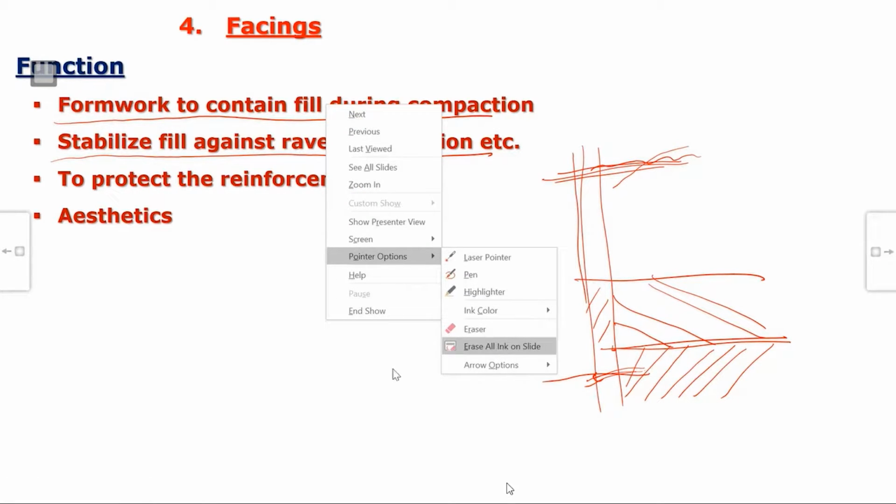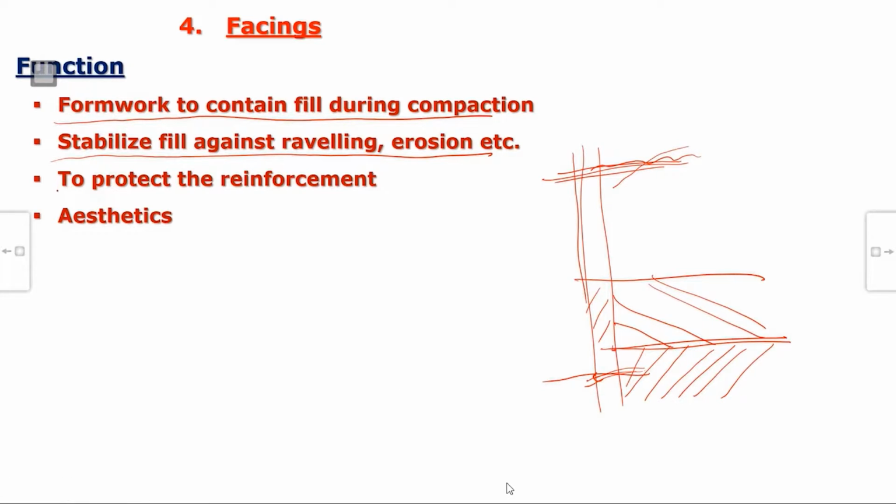Another important function is that it protects the reinforcement. Whether you have metallic reinforcement here, if you leave it open, if you don't put this, because of sun, rain and all atmospheric effects, it will get corroded, and after some time it will lose its connection. Similarly, geosynthetics also get degraded by ultraviolet rays.